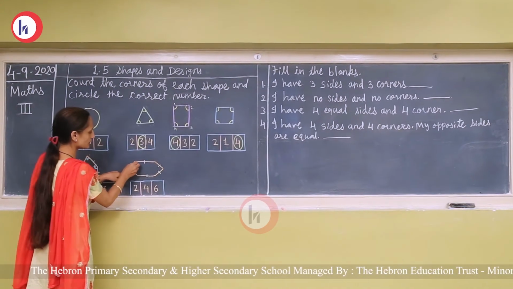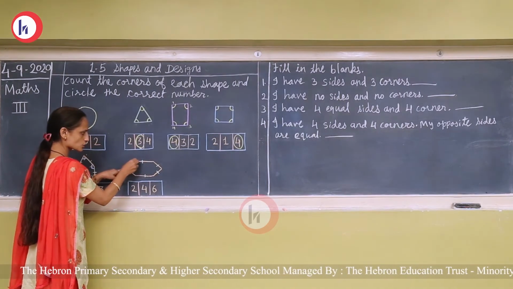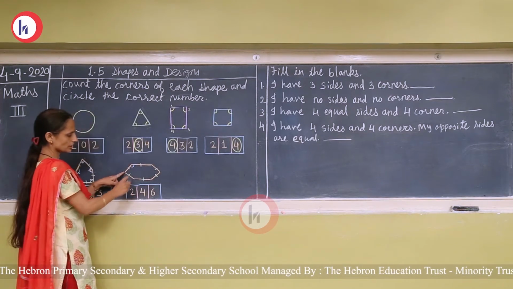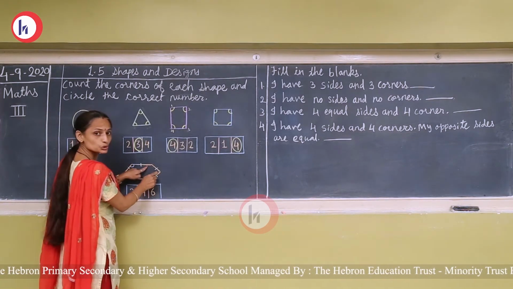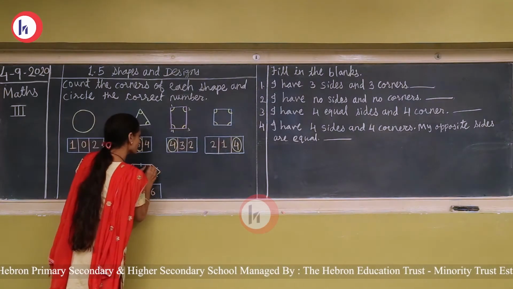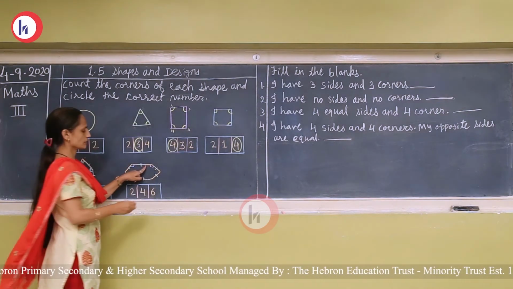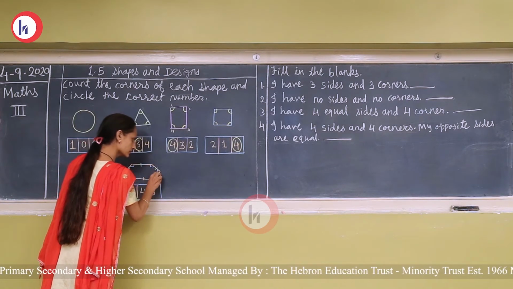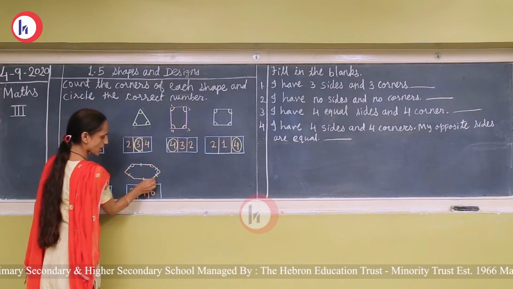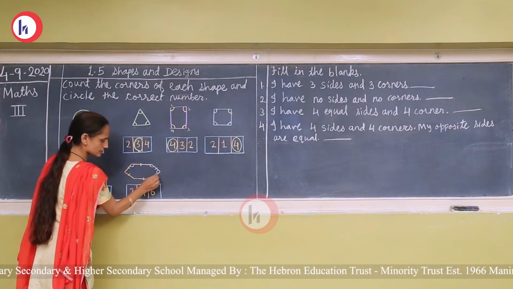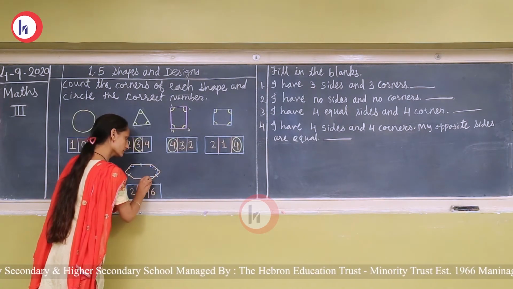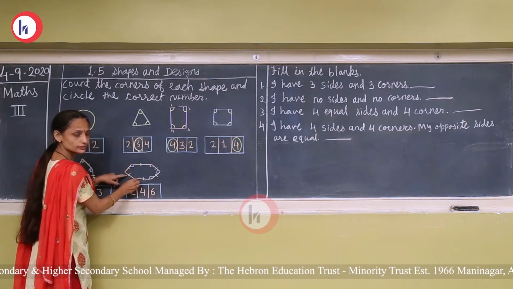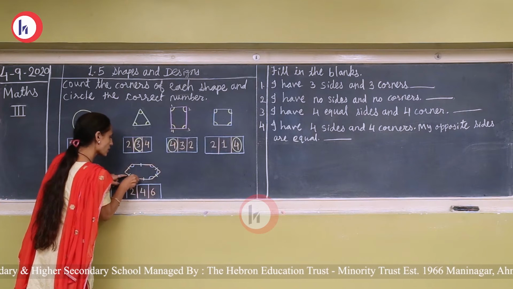See here, 1 line, 2 line means it forms a corner. Again 1 line, 2 line means 1 more corner. Then 1, 2 means here again 1 corner. 2 lines means here again there is 1 corner. 1 line, 2 line means 1 more corner.